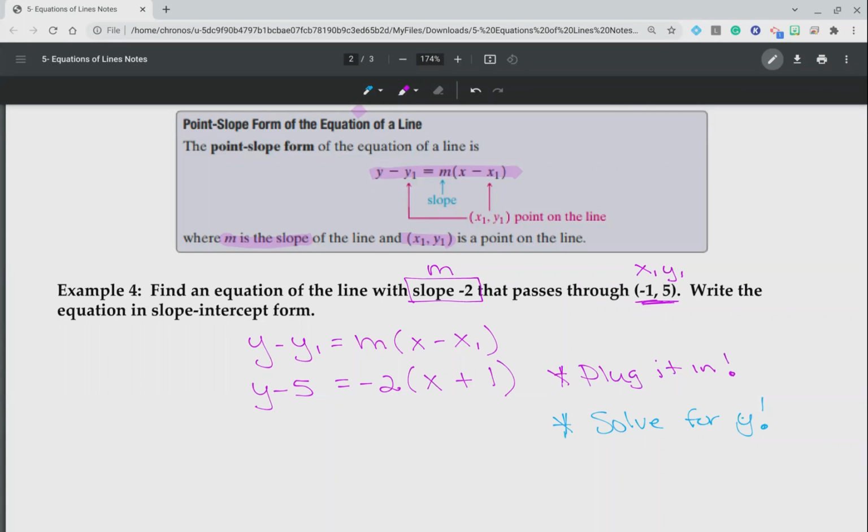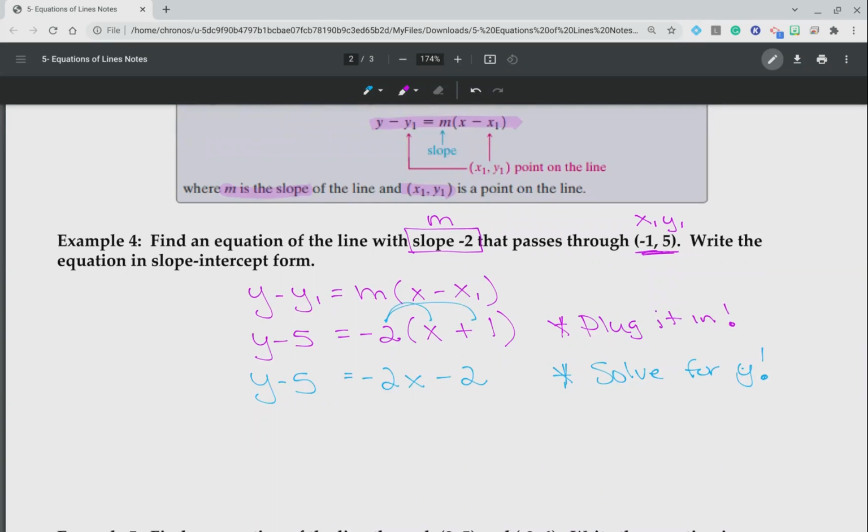Now, if you remember PEMDAS, please excuse my dear Aunt Sally, the first thing we need to do is get rid of the parentheses. So I'm going to distribute that -2. Y minus 5 stays the same, and this is -2x minus 2. My very last step to solve for y is then just to add 5 to both sides.